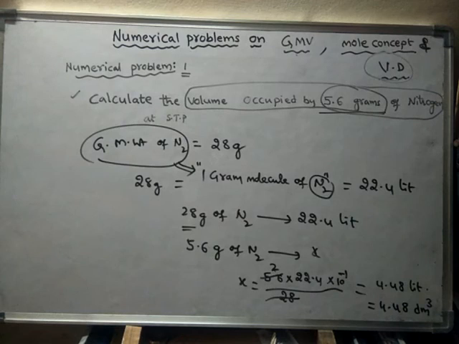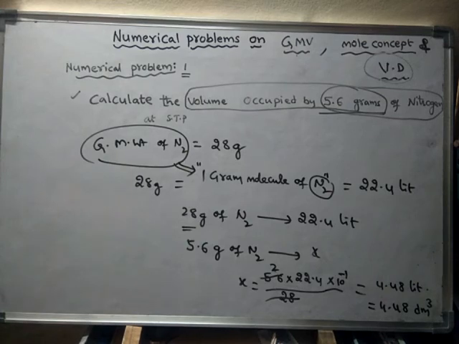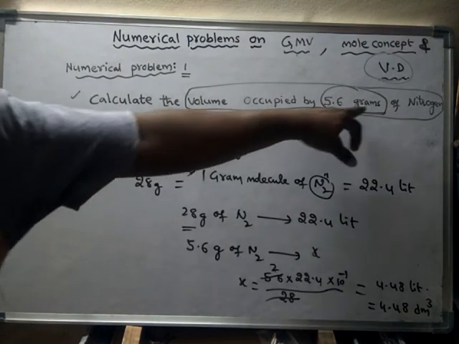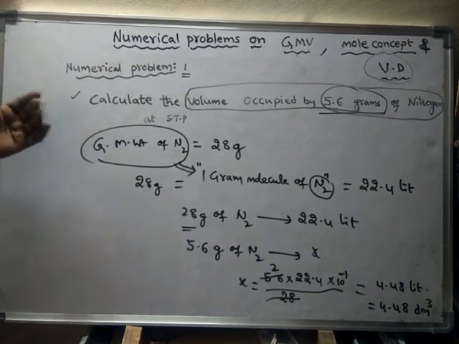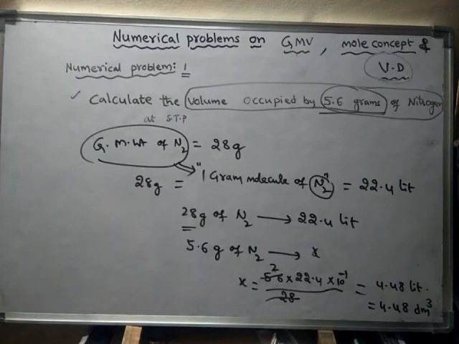Like this, the volume occupied by 5.6 grams of nitrogen can be calculated. This is the base, so based on this you can solve the practice problems. Two practice problems are given, so solve those. We will learn the other things in the next video.